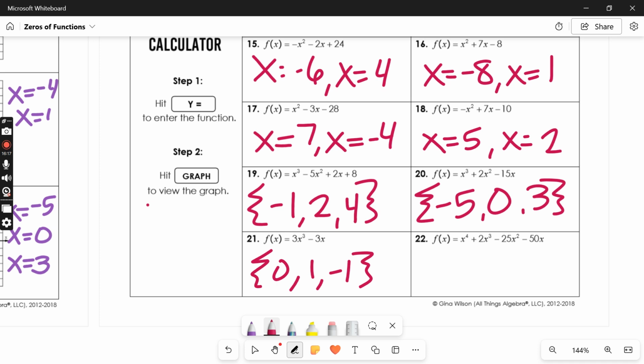Alright, our last one, x to the 4th. You can type it in the same way you typed in the x cubed. Use that caret button. So you can type it into your calculator. Hold on just a second, guys.